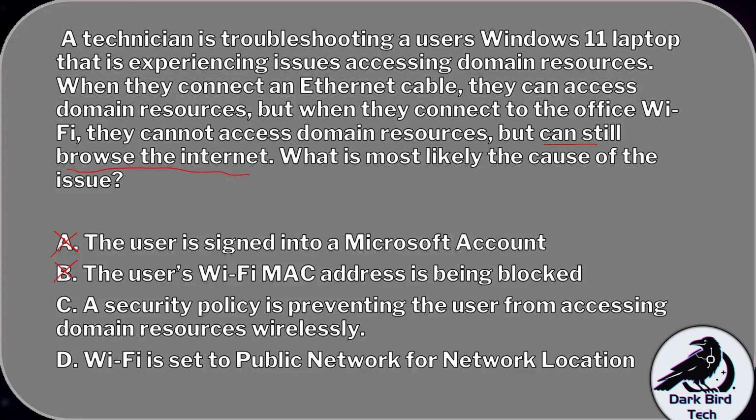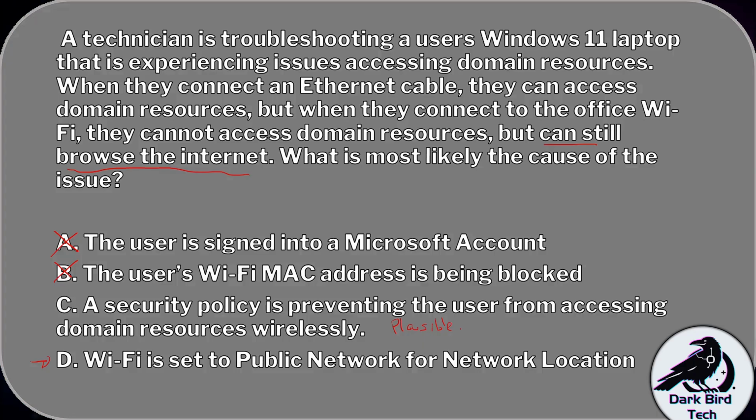Option C is a security policy is preventing the user from accessing domain resources wirelessly. This is plausible if such a security policy has been configured and has been deployed and applied onto this user's computer. What is more likely, though, is option D. Whenever you connect to a new network with Windows, Windows will usually ask you, is this network private or safe, yes or no?